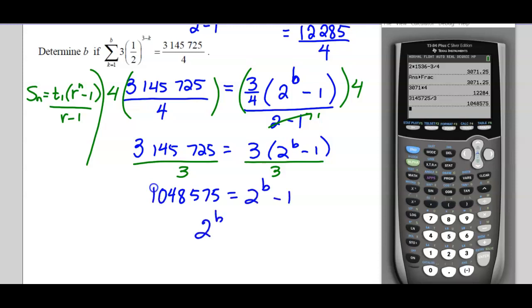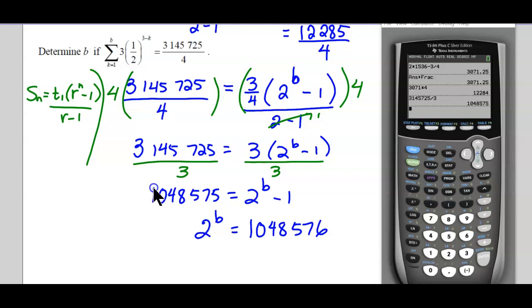And then 2 to the b, you're going to add 1. So remember, b has to be a natural number, so we should be able to solve this without logs, right? Because we should be able to find a power of 2 that equals this. So guess it in your calculator.